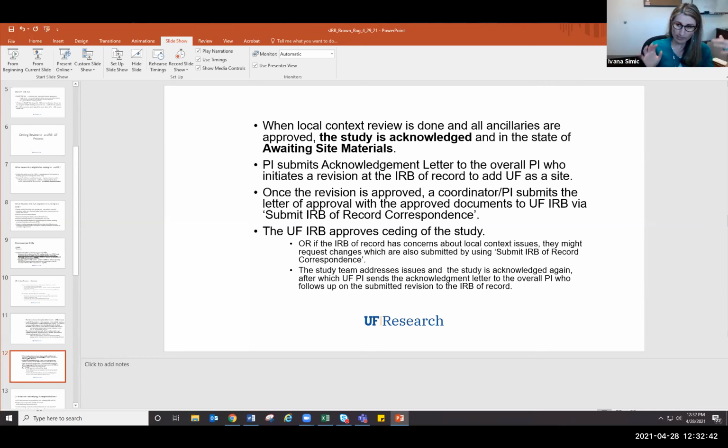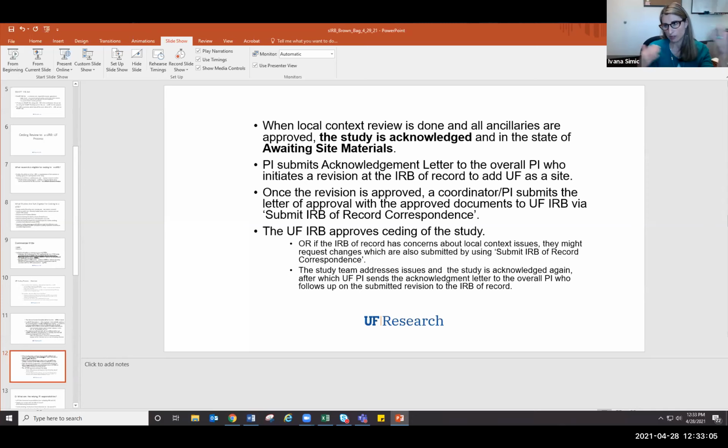It could be that once the study is acknowledged here, and suppose we propose the subject cost and injury language, and that goes to the IRB of record, and they're unhappy about it for some reason, they could send some correspondence other than approval, which would also be submitted to us by using the same activity, submit IRB of record correspondence. Suppose they have some objection to the consent.